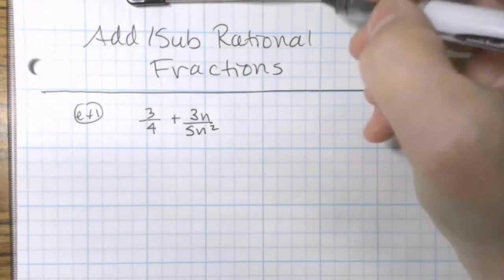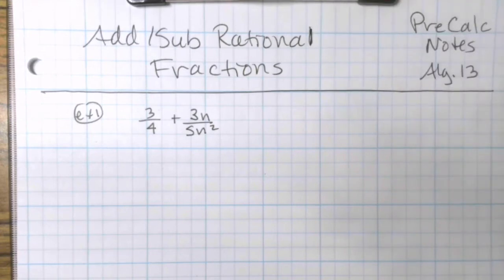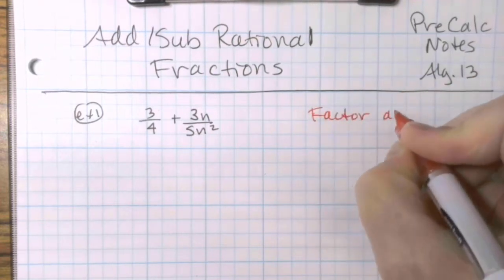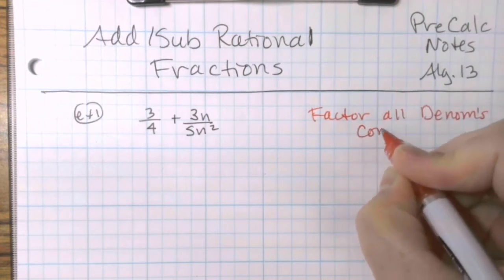Adding and subtracting rational fractions uses all the math that we've been doing to reduce and factor fractions. It uses the same exact math, but the purpose is to put the two terms together. So just like when you're reducing, the first thing you want to do when working with rational fractions is factor all of the denominators completely.